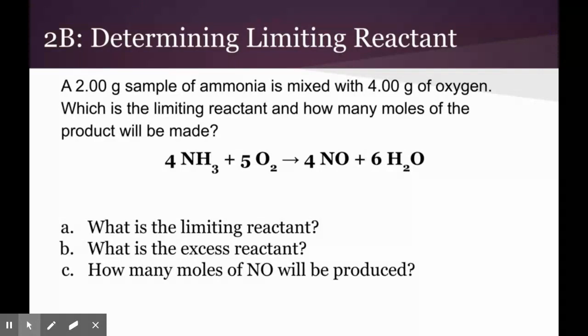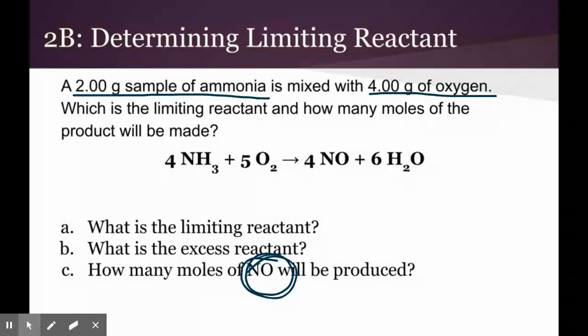So for this problem, we're going to do 2 stoichiometry calculations, one starting at 2 grams of ammonia and then going to moles of NO, the other starting at 4 grams of oxygen and going to moles of NO. Now, if it doesn't specifically ask you to find moles of a certain product, you can go to either product as long as you use the same product for both calculations.